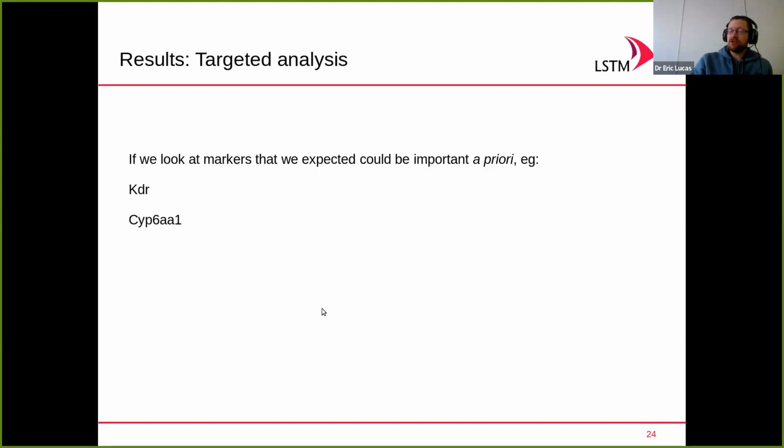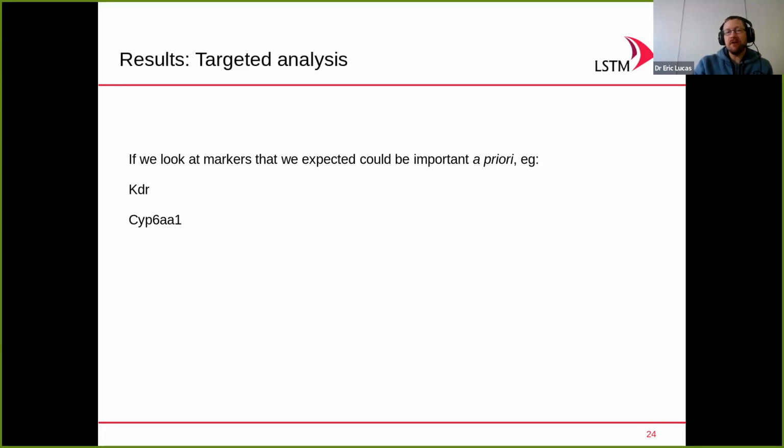Okay, so that's if we just do a big agnostic sort of GWAS across the genome. We don't find much, but the false discovery rate control is absolutely brutal on this because there are millions and millions of SNPs. So what if we look at markers that a priori we expect to be important? So instead of looking at millions and millions of SNPs, we just look at a few.